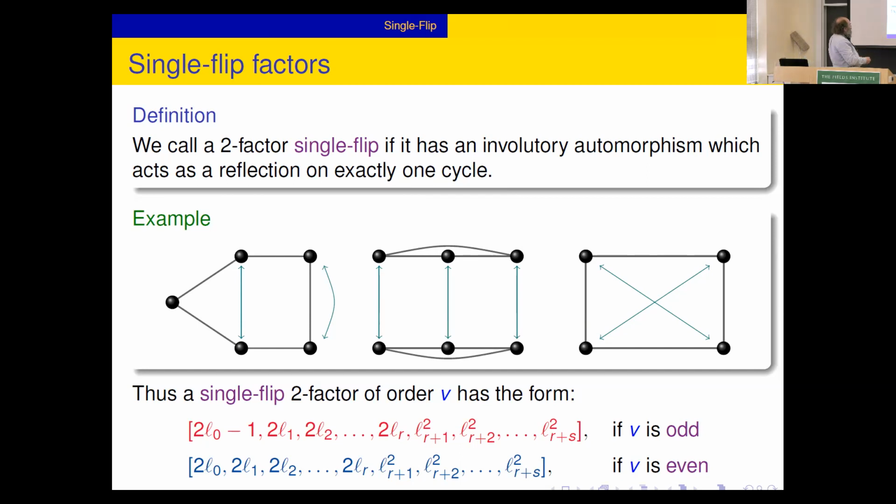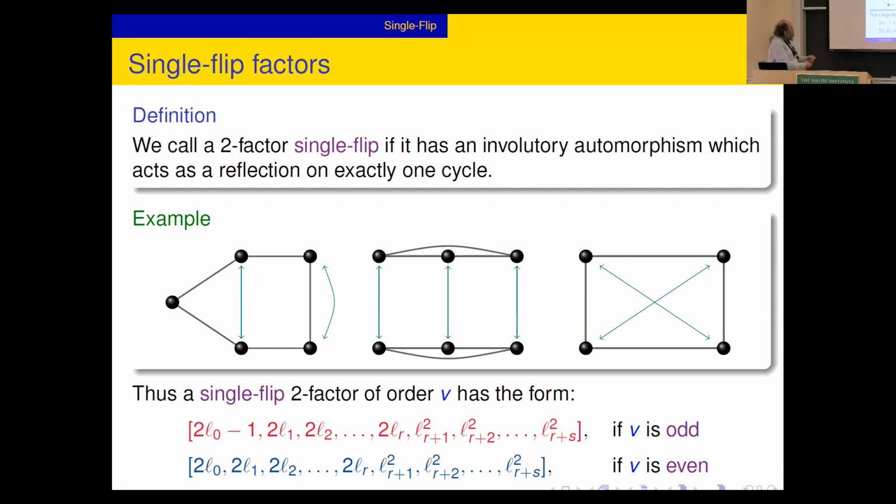And if you just look at this notation, we've got this one that's odd, 2l0 minus 1 plus 1, whatever. Then we've got a bunch of things that are even. So these twos represent those that are even. And then we've got these which appear in pairs. They may be odd or even size, we don't know, but they appear in pairs. So L squared.